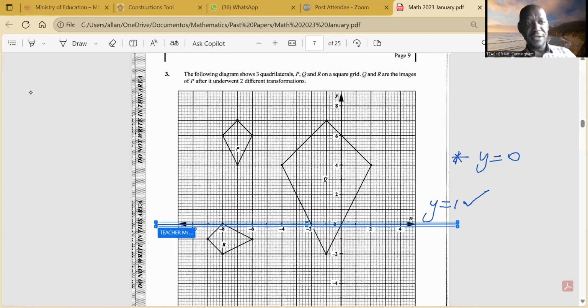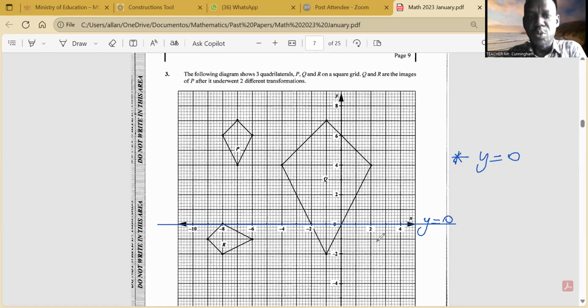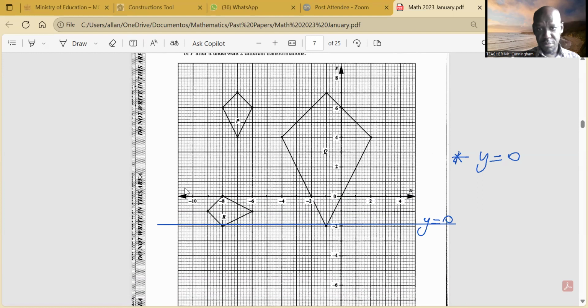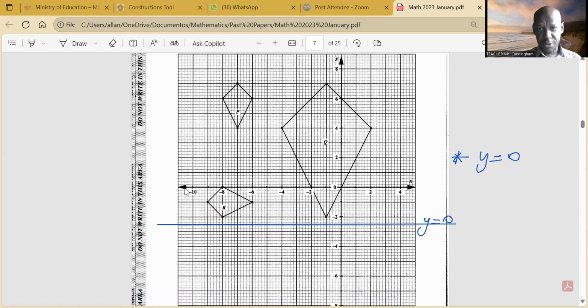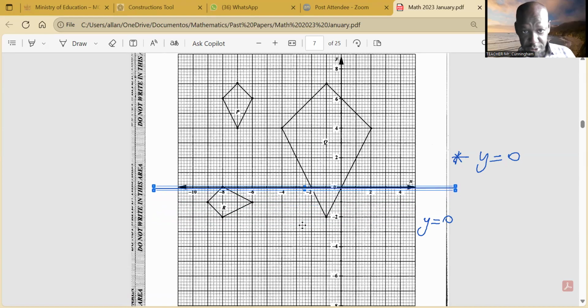So now this is y equal to 0. So we want to reflect. I have to erase some of these things so everything fits. All right, so this is my line y equal to 0.